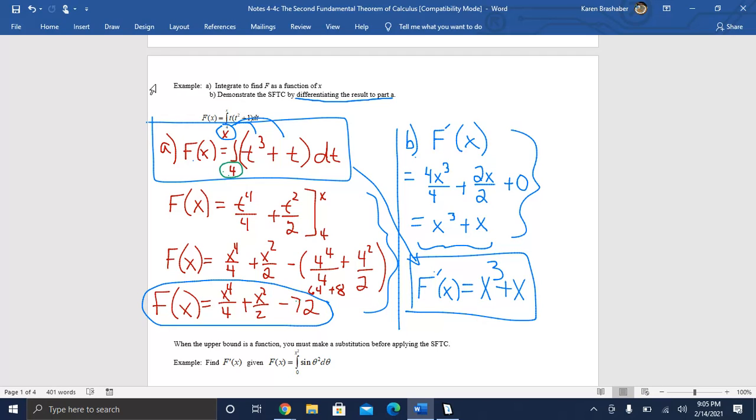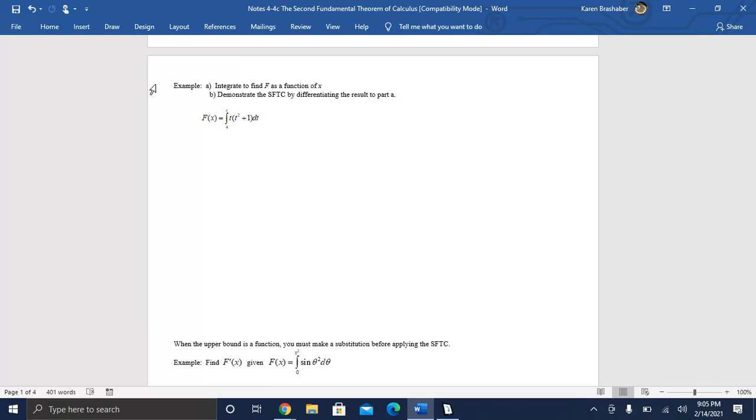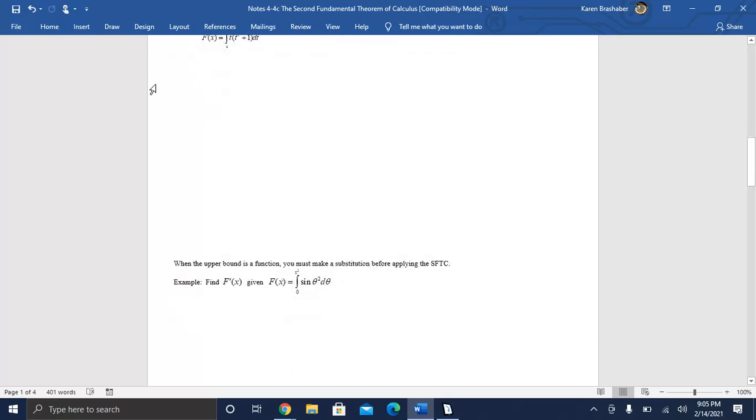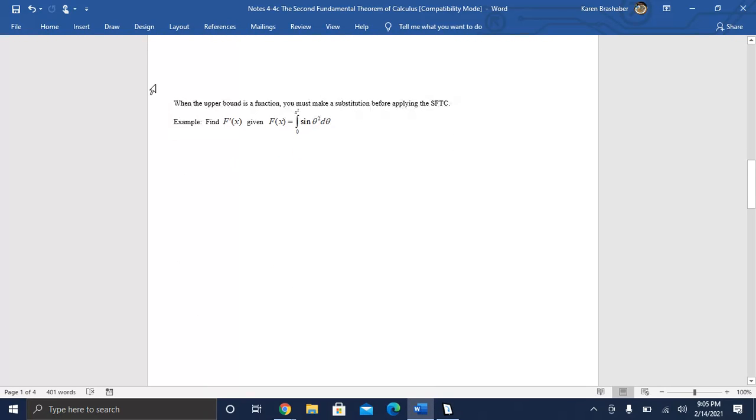And then I'm going to do another one that actually just has you do the second fundamental theorem. So we'll do this one.